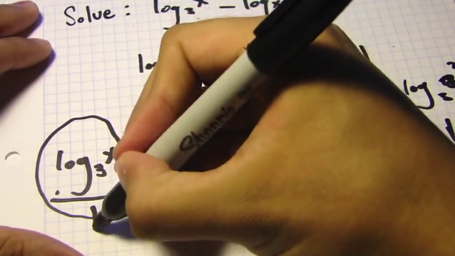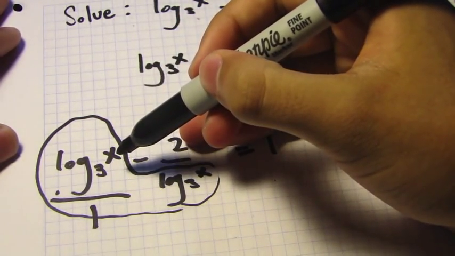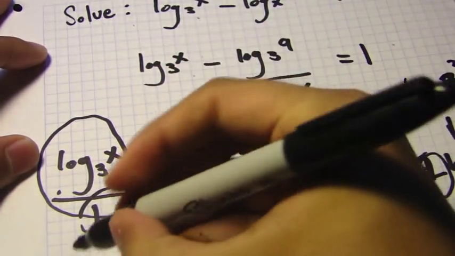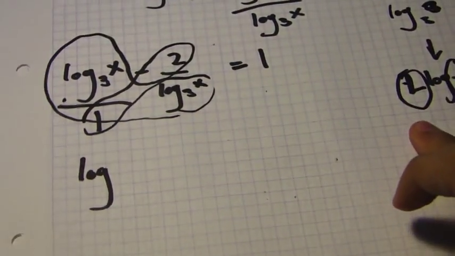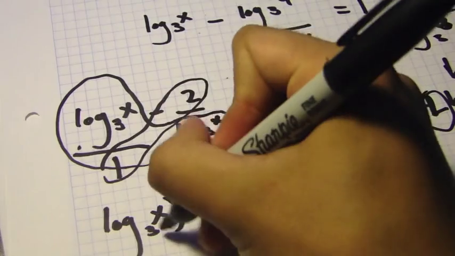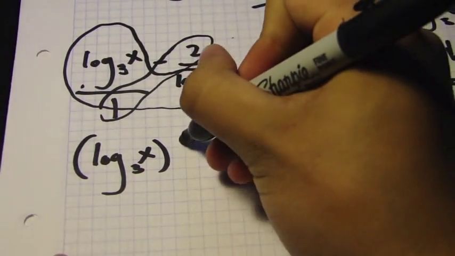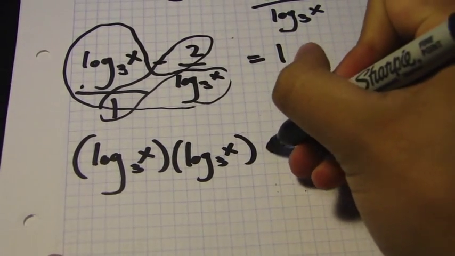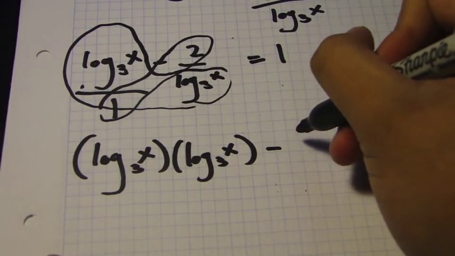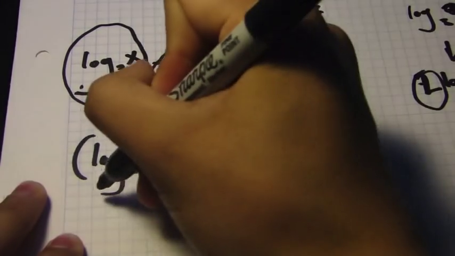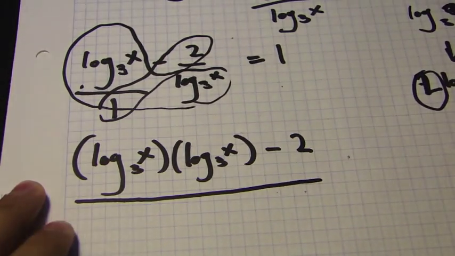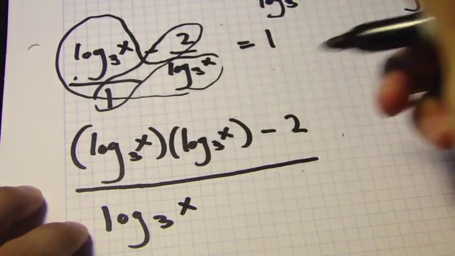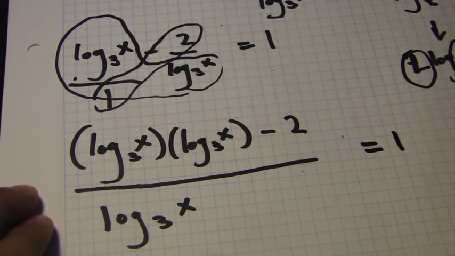Just imagine this is log base 3 of x over 1, so just cross multiply these, and then you get log base 3 of x times log base 3 of x minus 2 divided by log base 3 of x, and then all this equals 1.